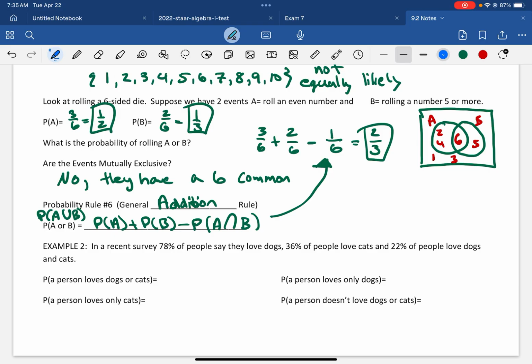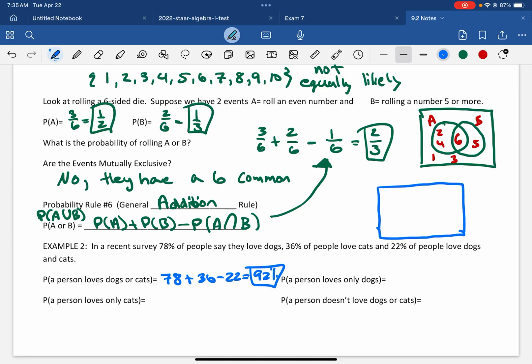Well, one thing we have to think about is, are the events mutually exclusive? They are not. So we have to do the probability of dogs plus cats minus dogs and cats, which is 92%. Okay. Another thing that might help you here is a Venn diagram.